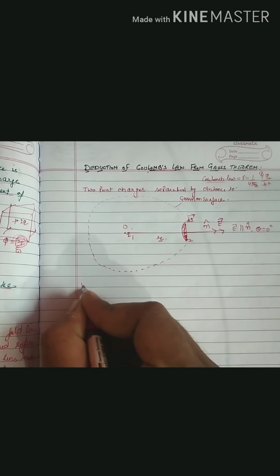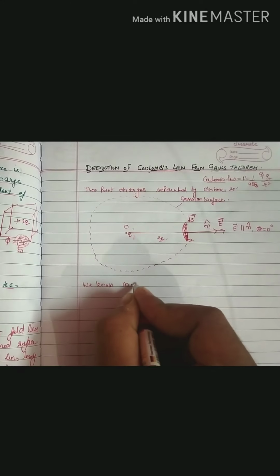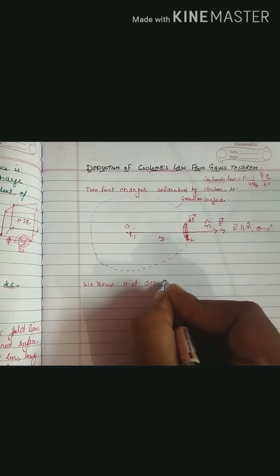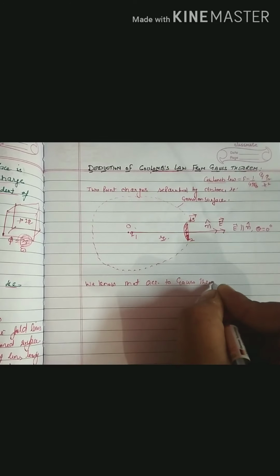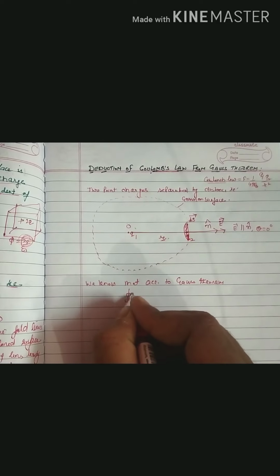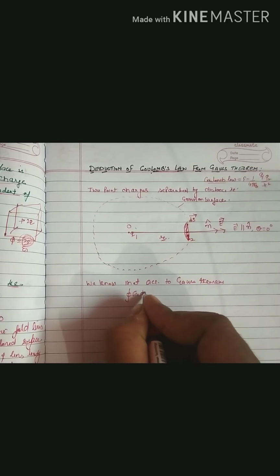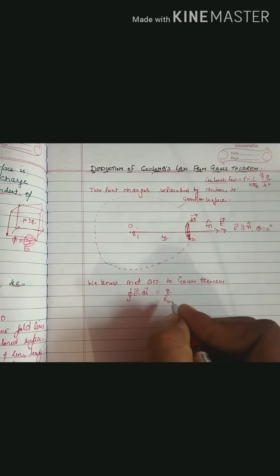So we know that according to Gauss theorem, surface integral of electric field is equal to Q upon epsilon naught.